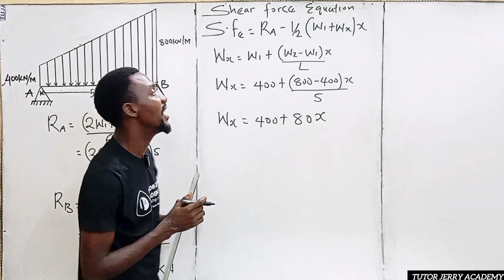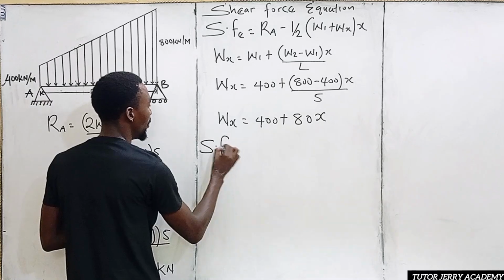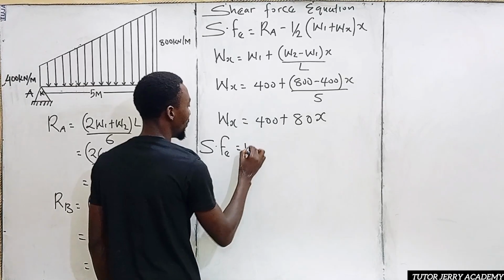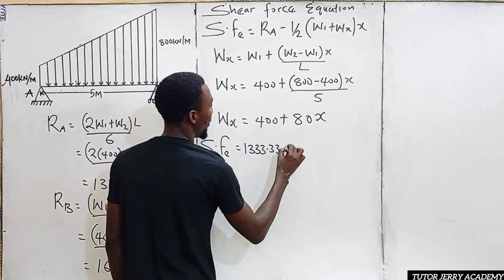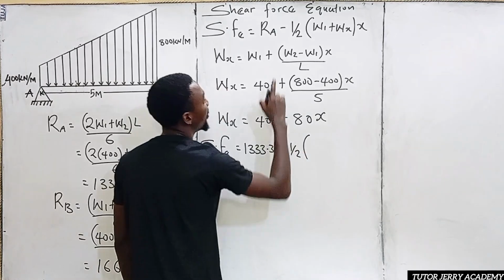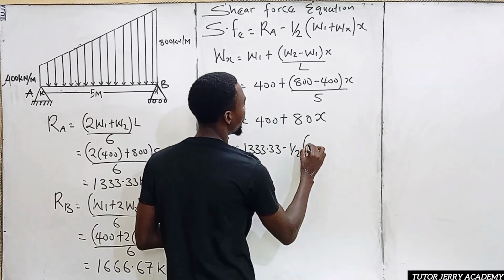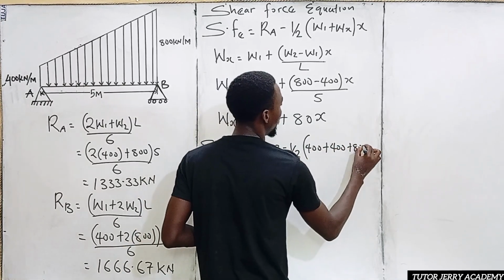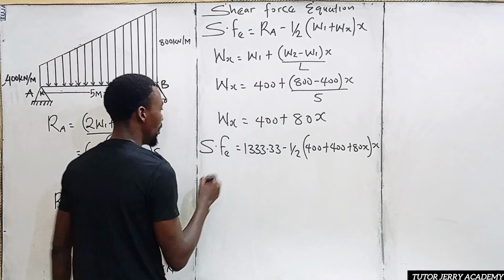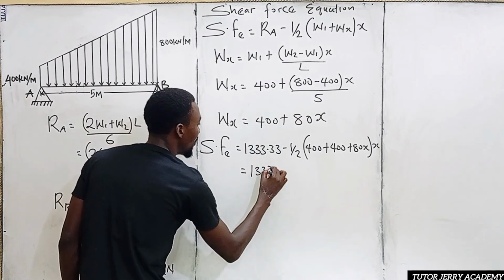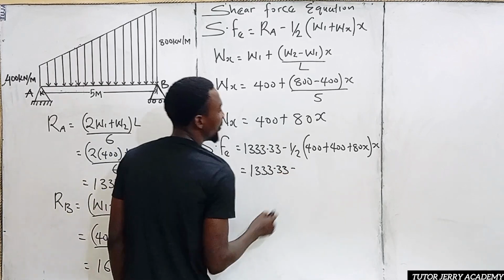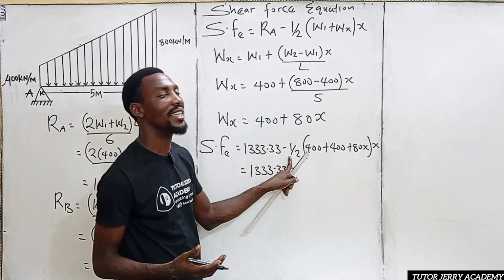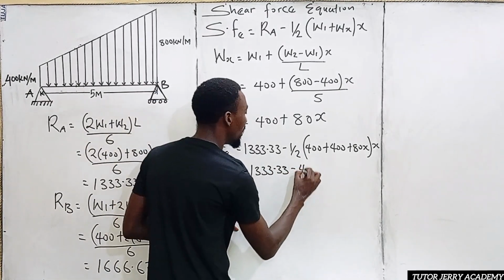So we replace WS with 400 plus 80S, and our shear force equation can now be written as RA, which is 1333.33, minus half into (400 plus 400 plus 80S) multiplied by S. This equals 1333.33 minus: 400 plus 400 is 800, multiplied by S is 800S, and multiplied by minus half gives minus 400S.